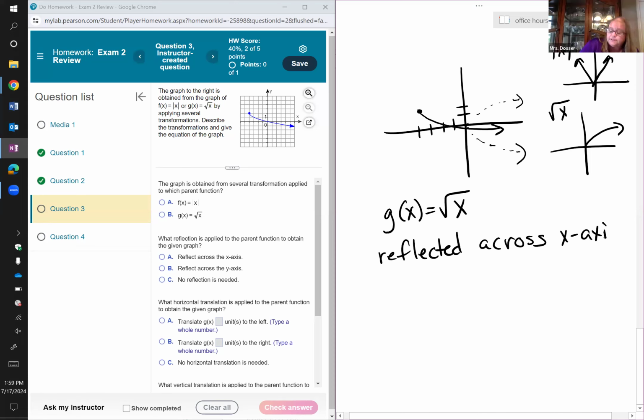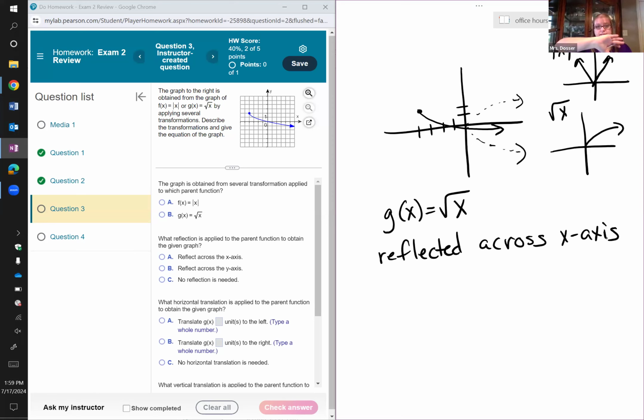Now remember, when we reflect across the x-axis, that's obtained by multiplying by a negative on the outside of the function. That'll help us when we're trying to come up with the equation of the graph in a minute. Okay, so we've reflected it across the x-axis.